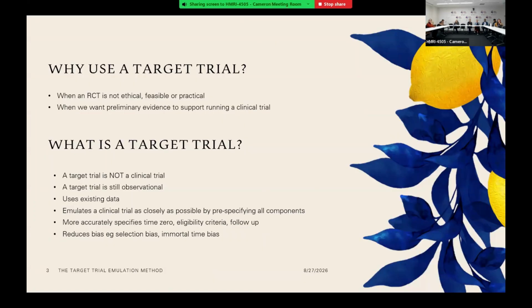Oh, and actually, if we go back to that, has anybody read papers? Have you come across emulated target trials where you're like, what are they talking about? Has anyone come across them at all? Is this completely new, never seen this before? Completely new to you? I think I've heard of it mentioned. But people want to do it. It'd be good to do it.